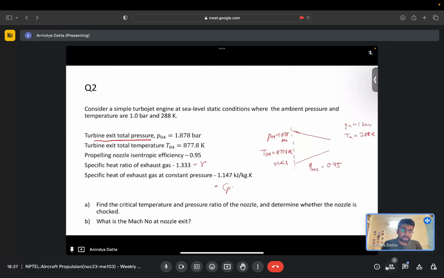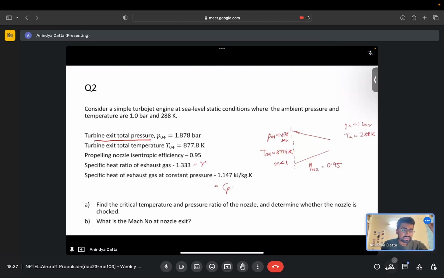As we have seen, for a given nozzle and given upstream conditions, there is a particular pressure ratio, which is the stagnation pressure at the inlet divided by the static pressure at the outlet.